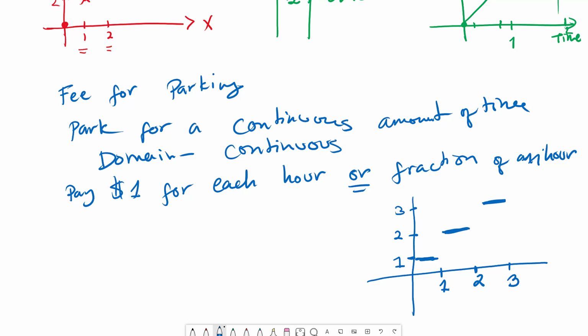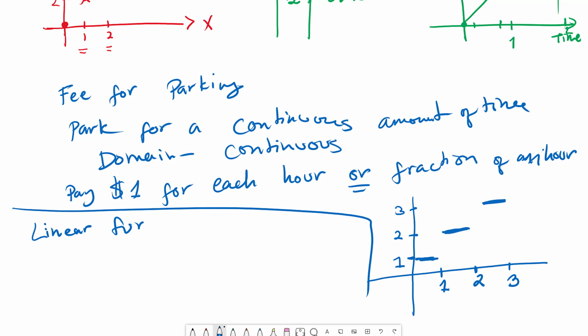The interesting thing is that for a linear function, the domain and range have to have similar characteristics. So for a linear function, if our domain is continuous, our range is also continuous.